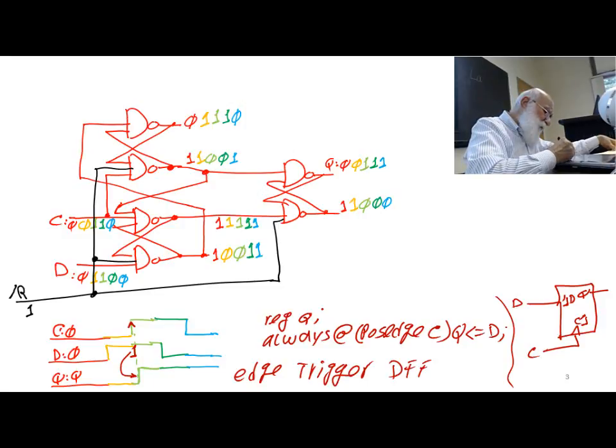But when it becomes 0, let's follow the black line, and whenever it changes something, let's see what it becomes.